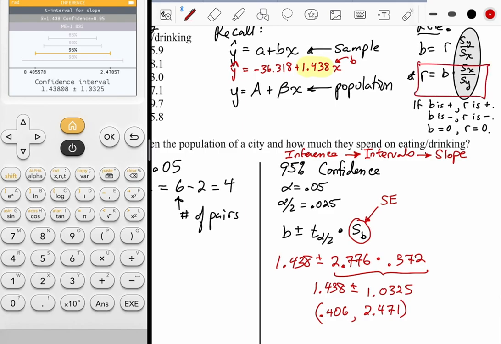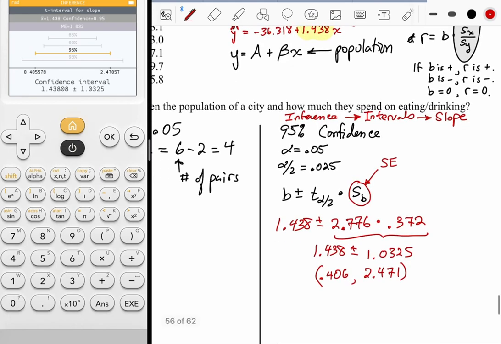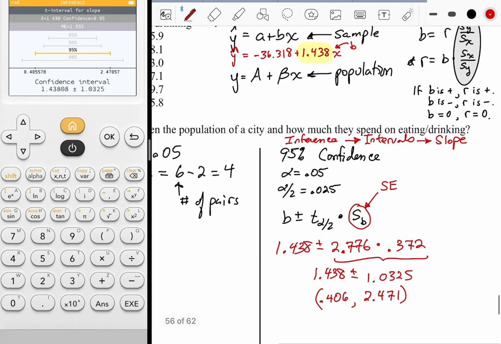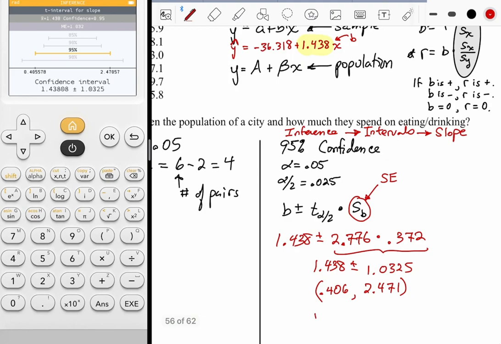We could find the confidence interval for correlation, but then what we would have to do is find R is equal to B times SX over SY. Now this question's not really directly asking for that, but it's sort of implied.